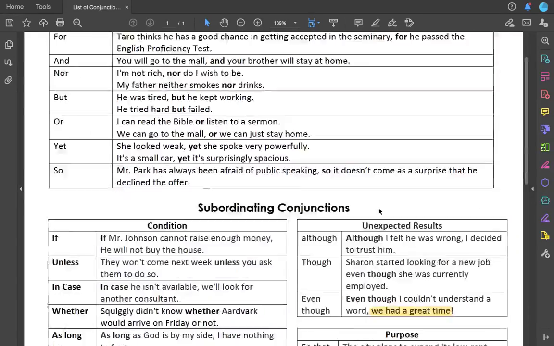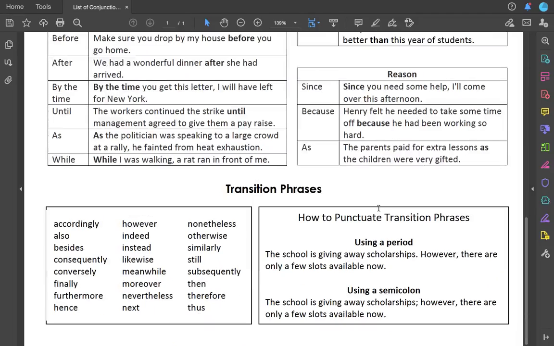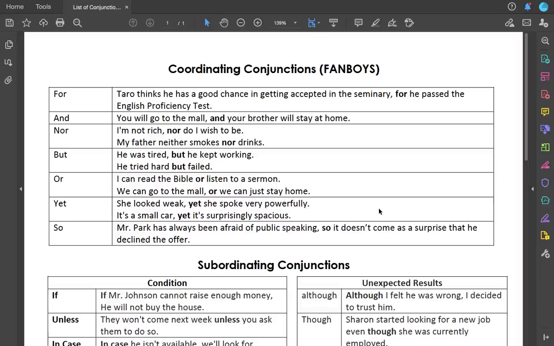Okay? So that's going to be all for today. I want you to please master this, because you're going to have a hard time if you don't. And we proceed with the types of sentences. Okay, see you in the class.